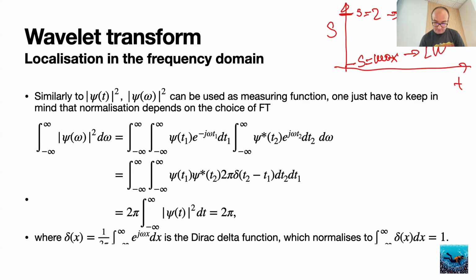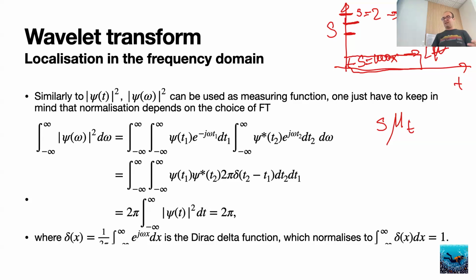It's low frequency. So we say that the time spread is S times the spread of the mother wavelet. So this means that on lower frequencies, this spread is bigger. On higher frequencies, because S is lower, the spread in the time domain is shorter. As in this grid that I was working around.